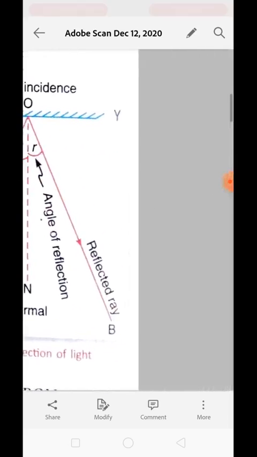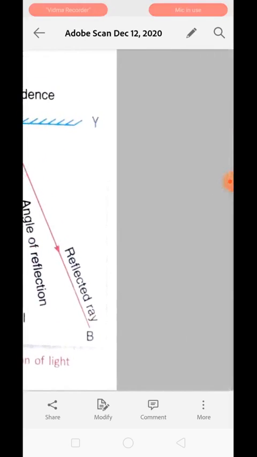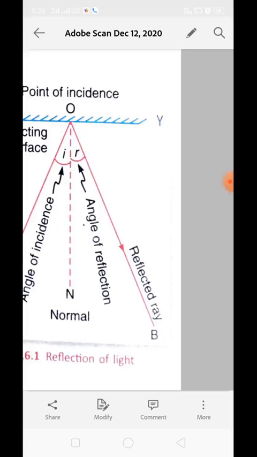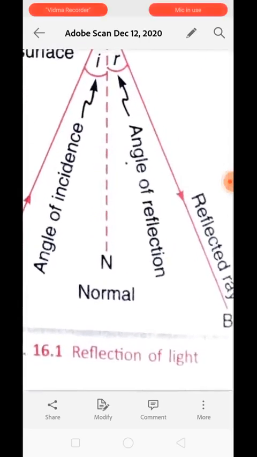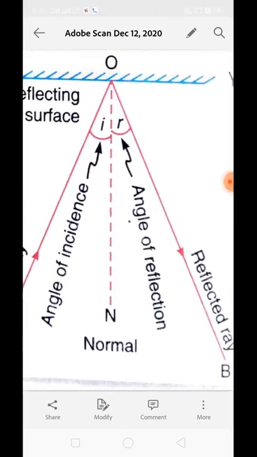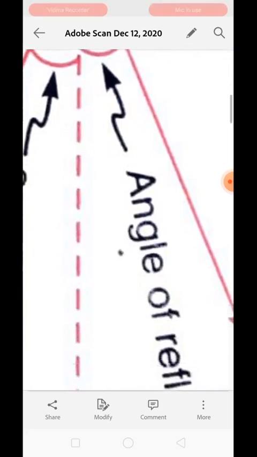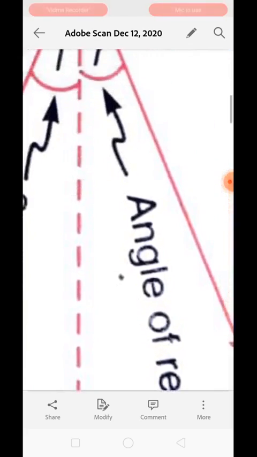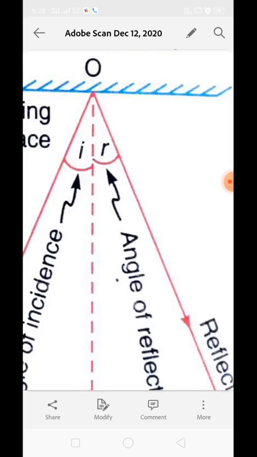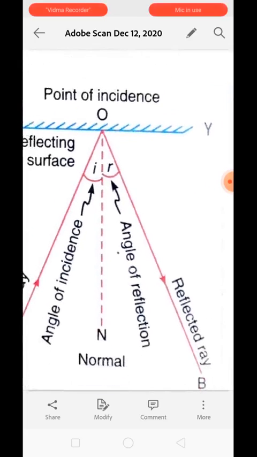This is the reflected ray, the ray of light which is reflected back into the same medium, and this is the normal. Normal means perpendicular, present at O, the point of incidence, where the light ray hits the mirror. It is indicated as O, and the dotted line, which is perpendicular to the mirror and starts from the point of incidence, is named the normal.